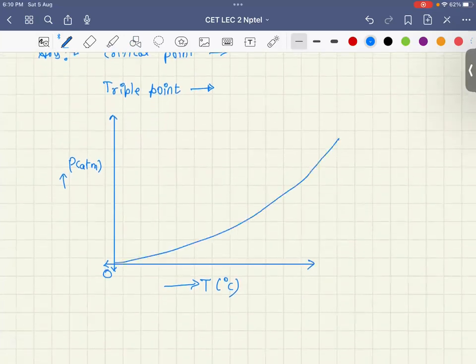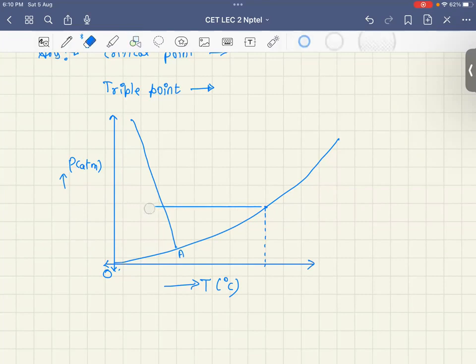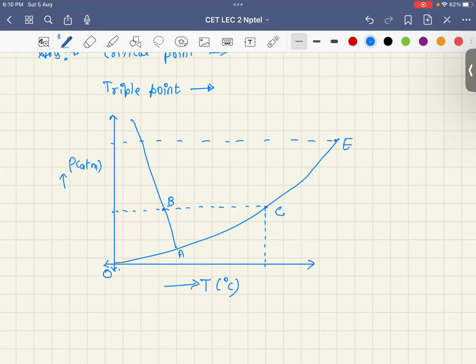This is point O, this is point A, this is point C, this is point B, this is point E, and this is point D. For pure water, this is PC and this is TC.